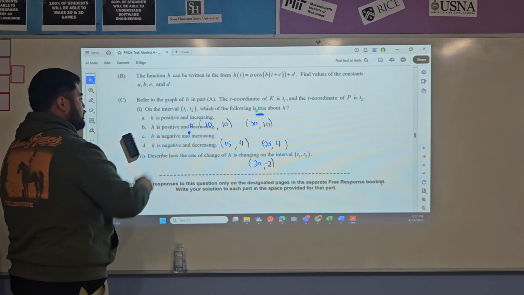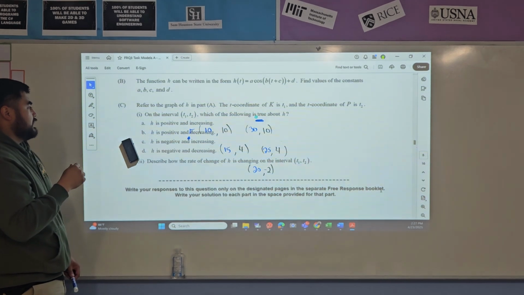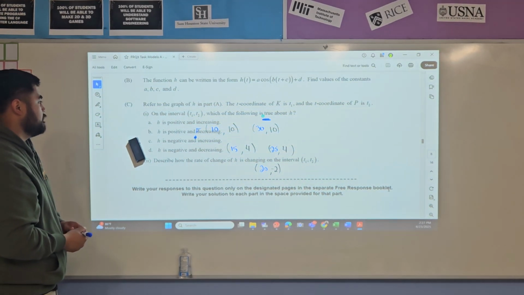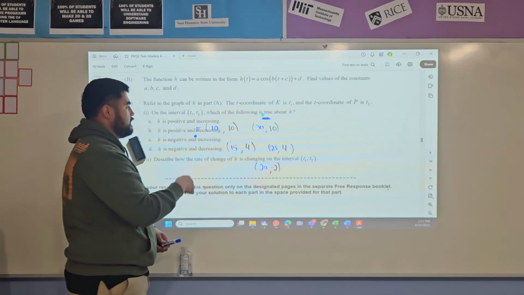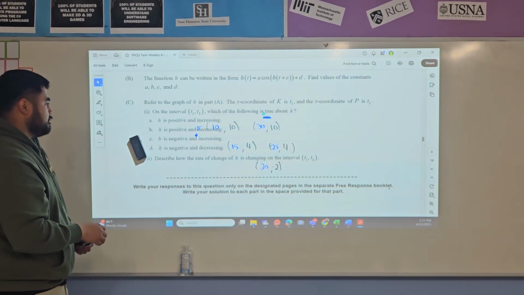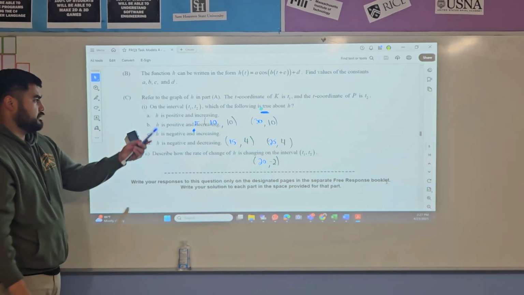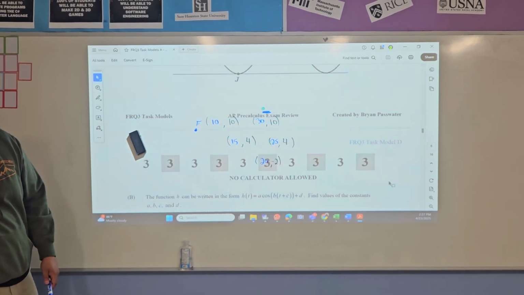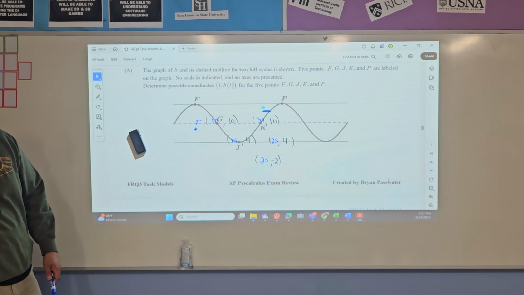What I want to keep is my points, right? So it's saying here on part C1, on the interval T1 to T2, which of the following is true about H? So is it positive, negative? So let's go back again to the graph, right? KP, it's right here, right?